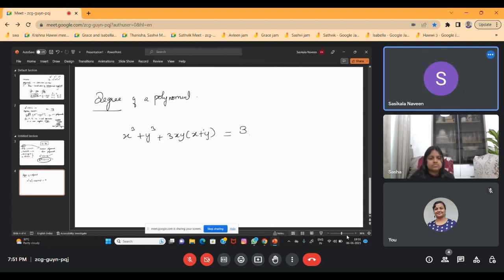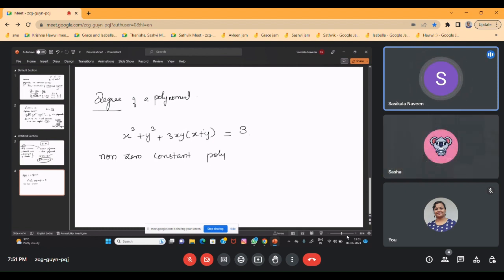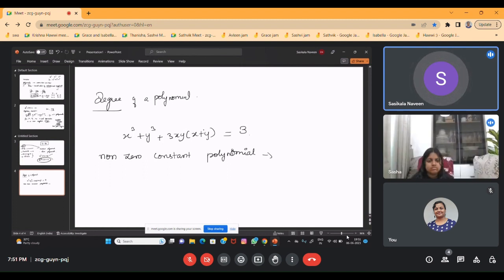If this polynomial is a non-zero constant polynomial, what is the degree? Just recall, just now I explained about constant polynomial, no? This constant polynomial is non-zero now.